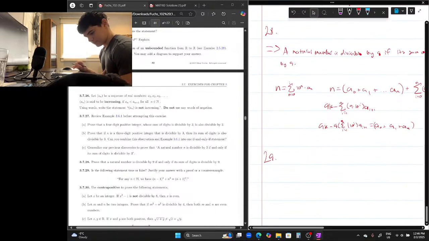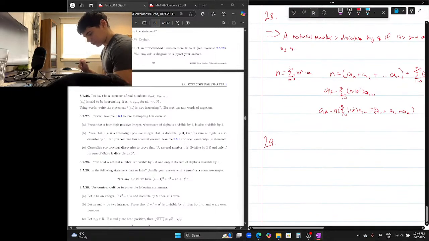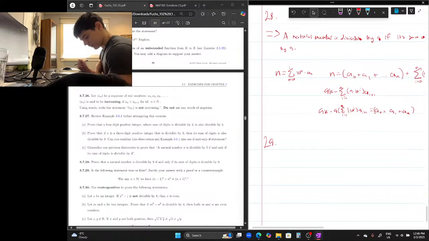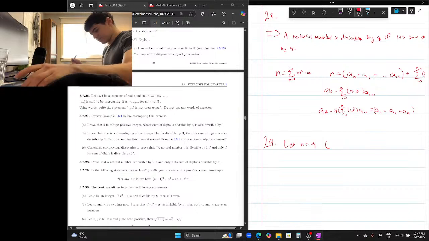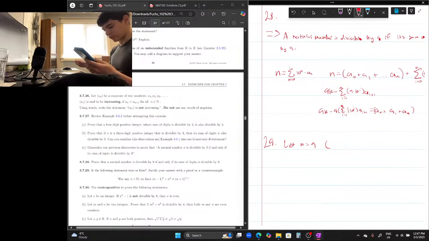we are here. 29. Determine whether the statement is true or false, with a proof or counterexample. For any n in the naturals, we have (n minus 1) squared plus n cubed is equal to (n plus 1) cubed. So above, I'm pretty sure we proved this was false. So n is equal to 9, I think I chose. Oh, this is squared now, so maybe it should be different. So 8 squared plus 9 cubed is equal to 10 cubed.